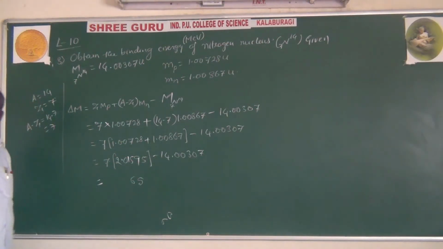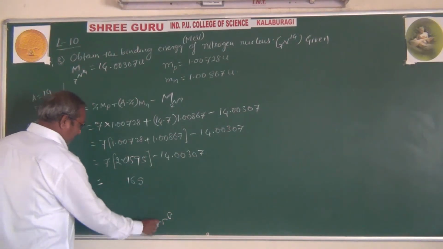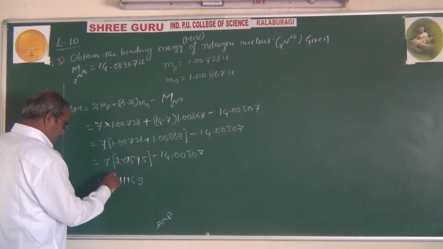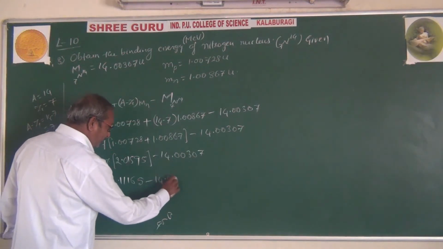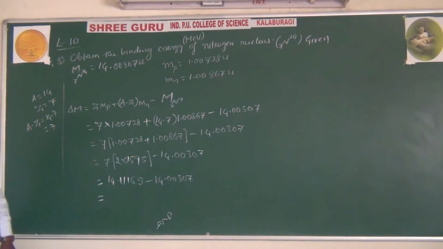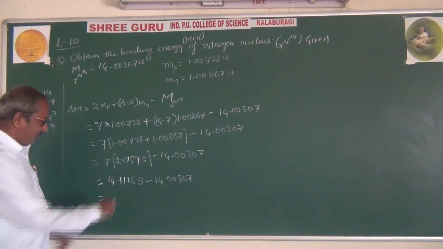Better to multiply carefully, because if you make a mistake in multiplication, the whole problem gives the wrong answer. 7 times 5 is 35, plus 6 is 41, carry 4. 7 times 1 is 7, plus 4 is 11. 11.7 4, minus 14.00307, and this gives the mass defect.